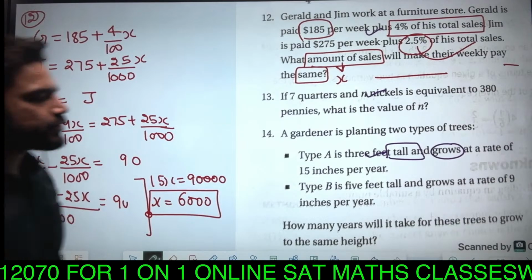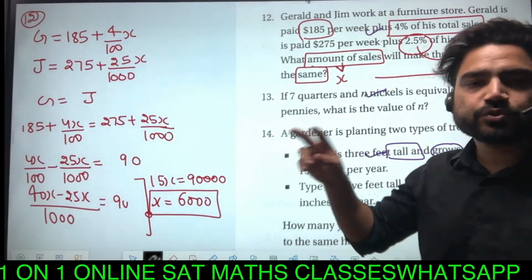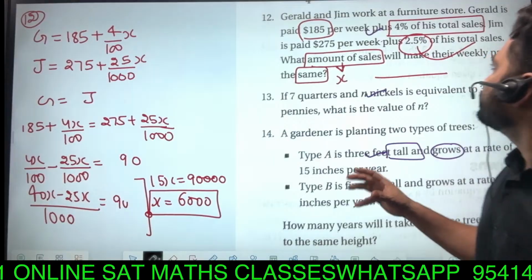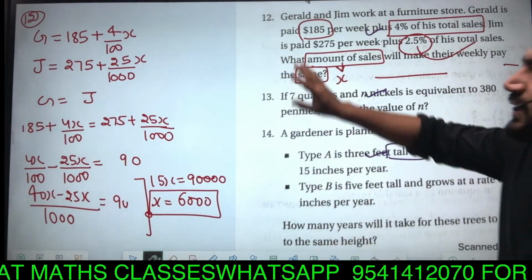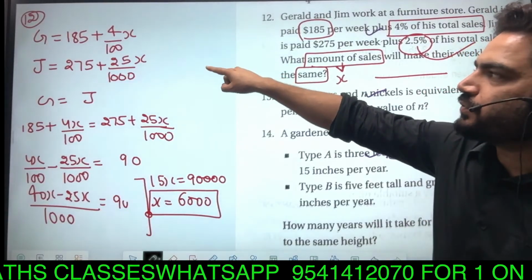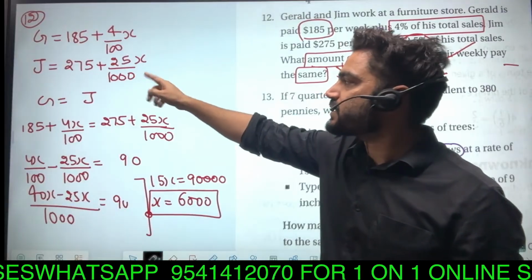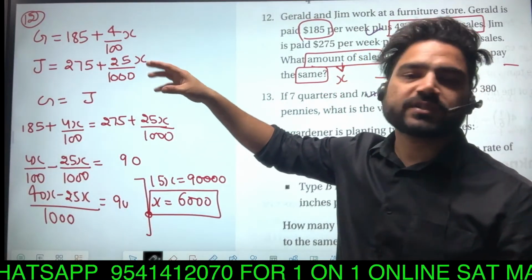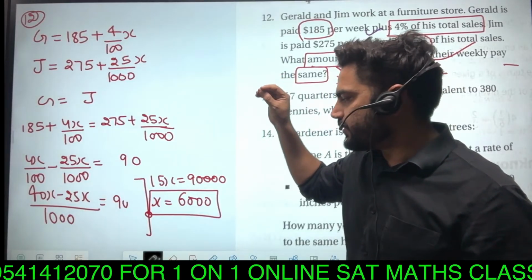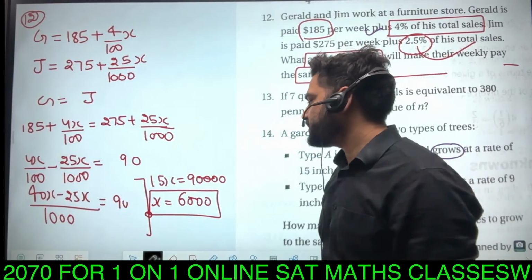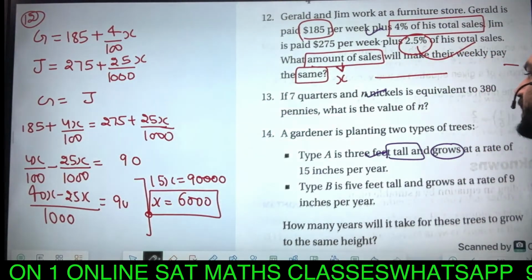In this question we have two persons, Gerald and Jim. Gerald's total income is 185 fixed and 4% of the total sale, and Jim's total income is 275 fixed and 2.5% of the total sale, and both of them are equal. After making both equal, the value of x is 6,000. So x is the answer.